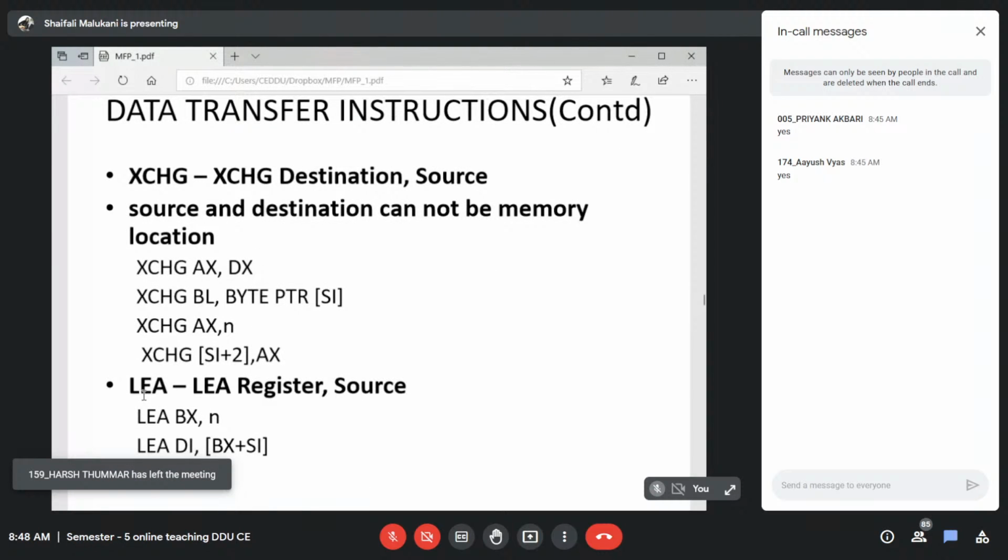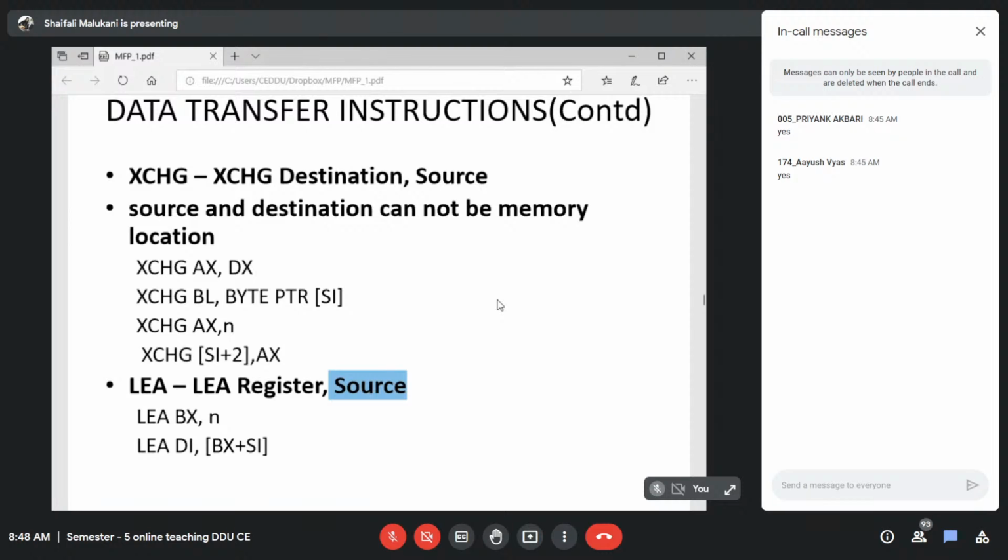Now next is load effective address, register and source. What you have to do is load the effective address of a source to a register, right? Now effective address is your offset address. The offset address of a source is stored in the register. That is what the meaning is. Suppose I am defining n1 dw 1234h. So I know that n1 is pointing towards a certain location.